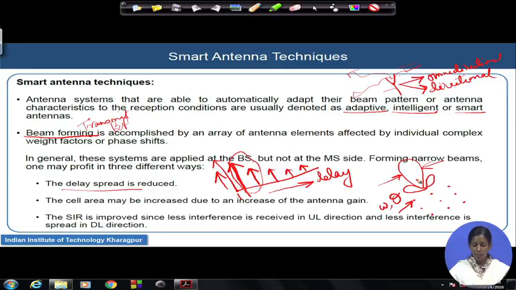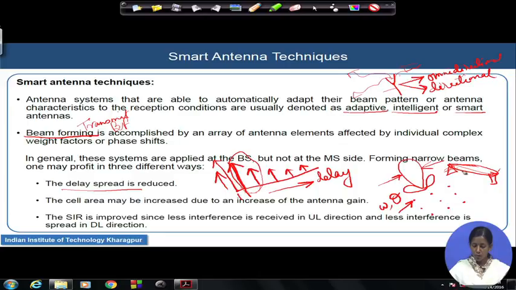But if you have very focused power directed from the base station towards the mobile station, after knowing your location, with all the power heavily directed like this, then you can have very high power reception. So the received signal power compared to the interference plus noise will be very, very high.